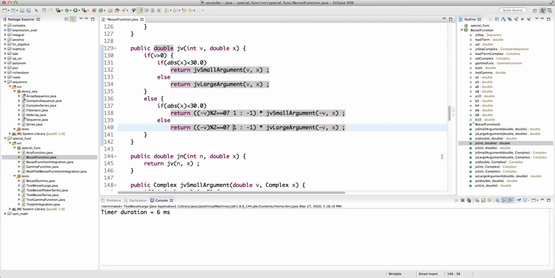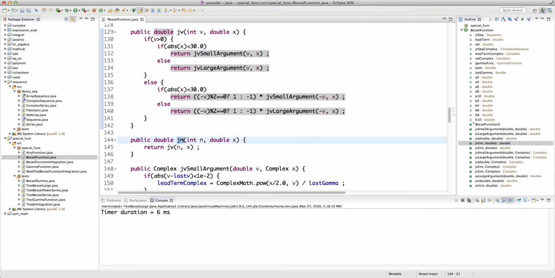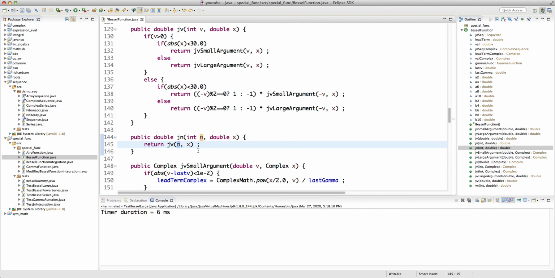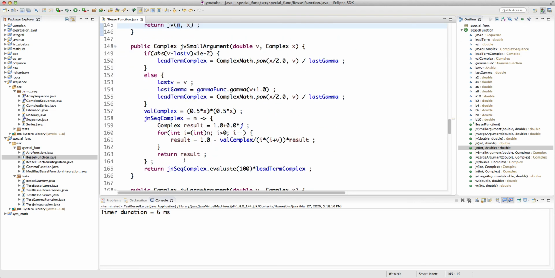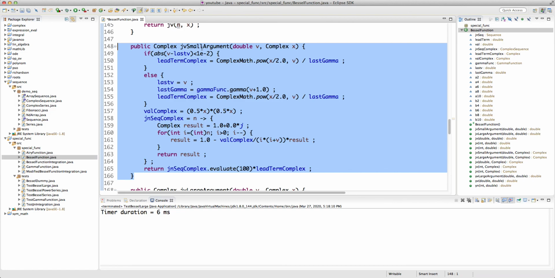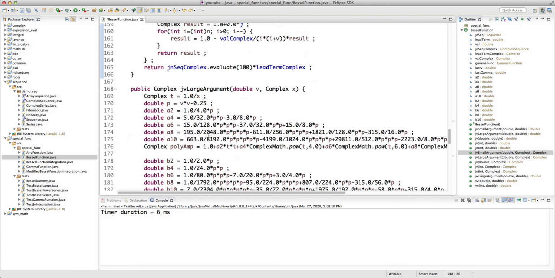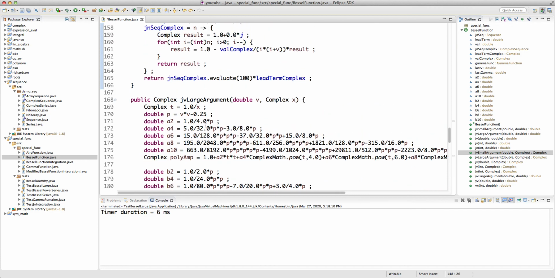All right. So for jn, we can just invoke j nu and pass our argument, right? We have already discussed the complex implementation of j nu, and we can do a similar thing for the large argument for complex relations, and we're going to look at it in the next lecture.